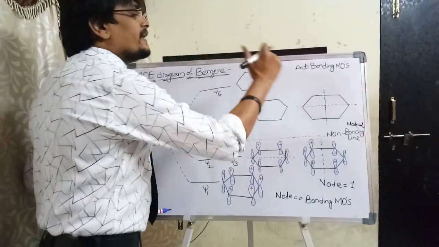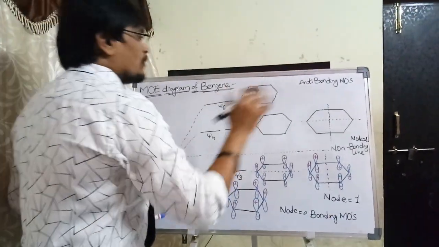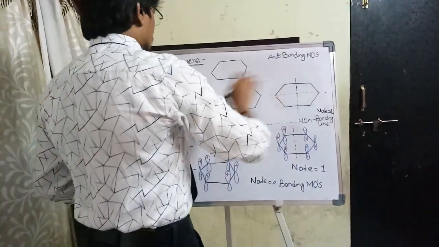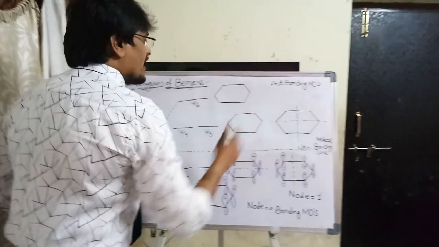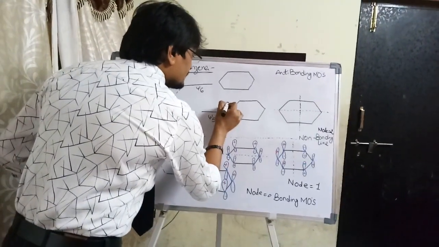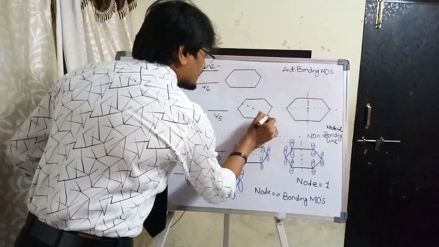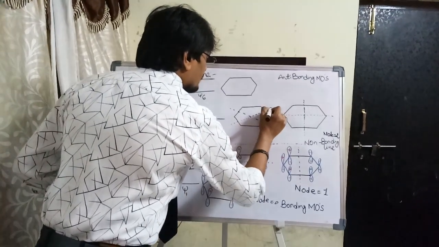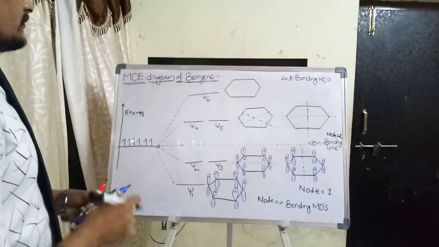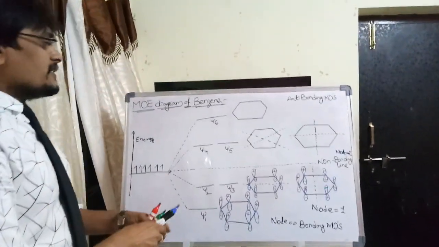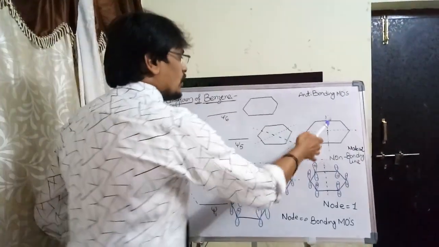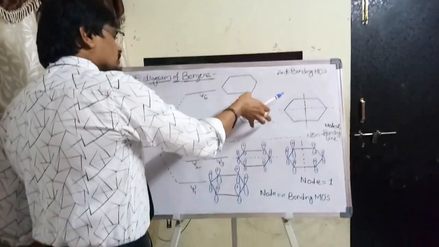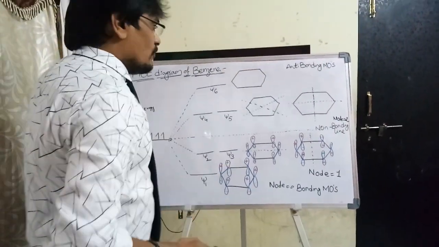It is hypothetical. These are the two nodes which are possible in psi 4, let us say, or psi 5, and these are the lobes which are bisected. So these are the two possible nodes in psi 5, and these are the two possible nodes in psi 4.